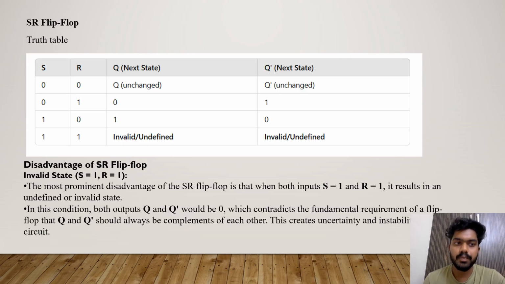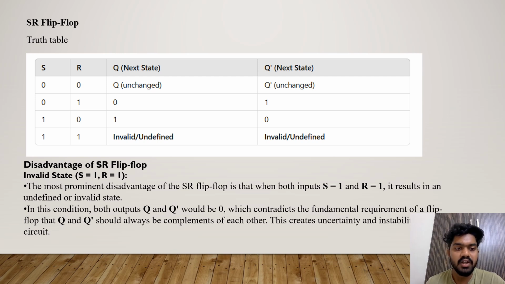First is the SR flip-flop. An SR flip-flop has two inputs and one output. Those two inputs are S and R, and this is the truth table for that.